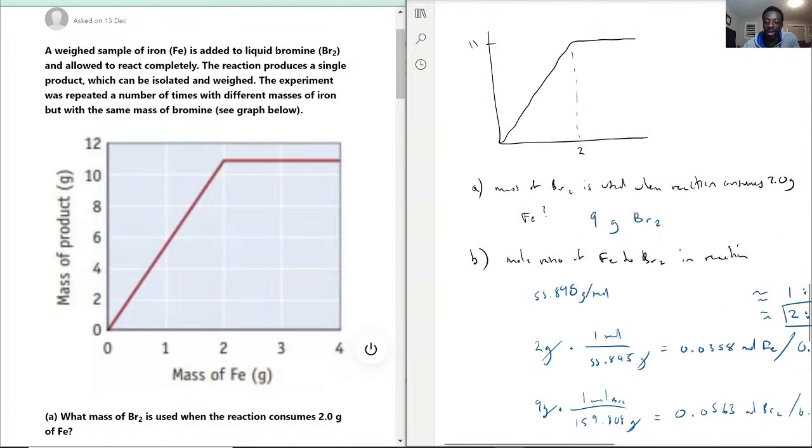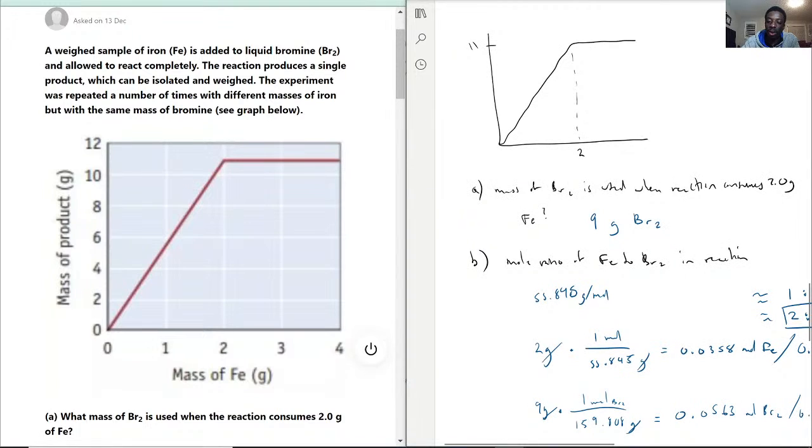When it hits a plateau, like right here, it's because we've run out of bromine gas. In this whole increasing part, not the plateau yet, iron is the limiting reagent.